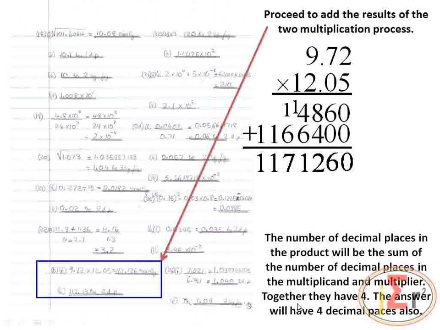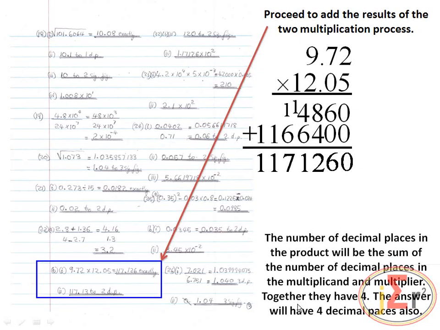Together they have 4 decimal places. So the answer will have 4 decimal places. Very nice.